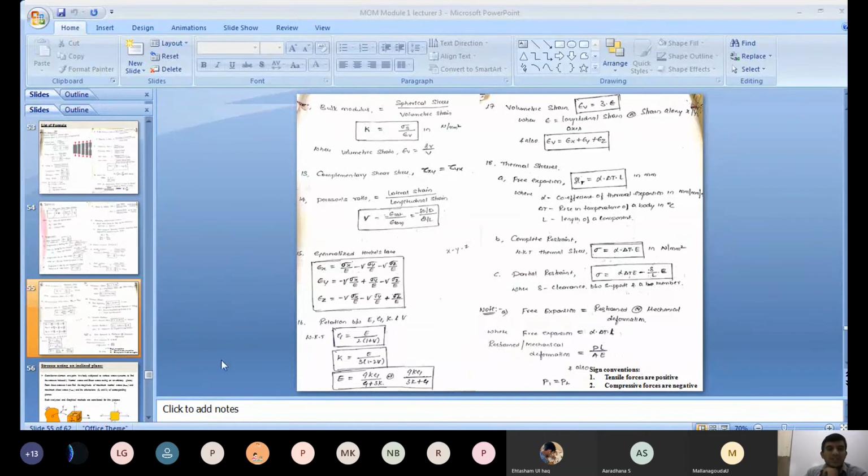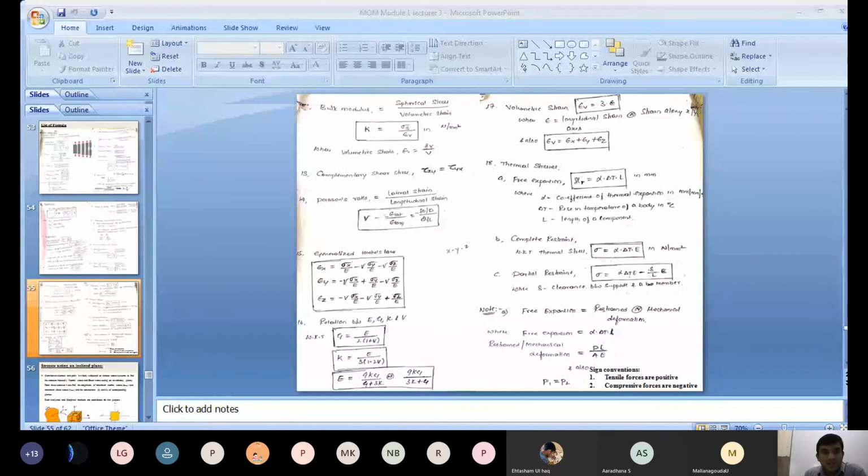Now after that we discussed the relationships between elastic constants. First, the relation between shear modulus and Young's modulus: G is equal to E by 2 times of 1 plus mu. For bulk modulus and Young's modulus, K is equal to E by 3 times of 1 minus 2 times of nu. Relation between the three elastic constants, Young's modulus, bulk modulus and shear modulus: E is equal to 9KG by 3K plus G, right?